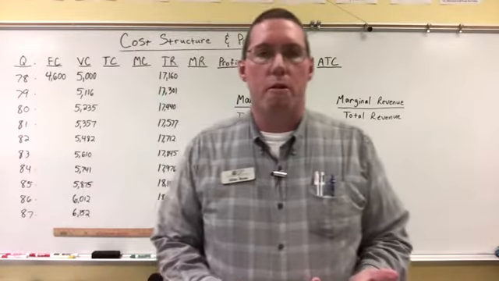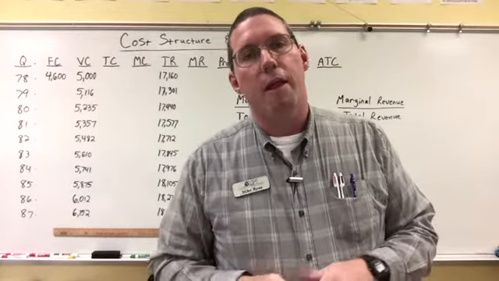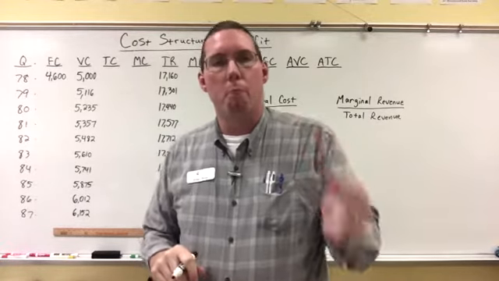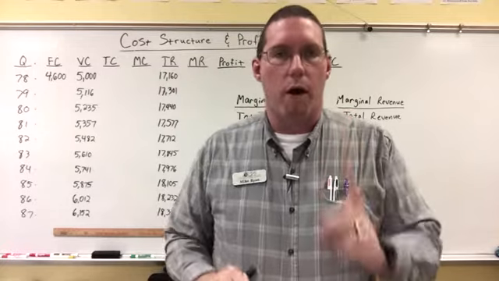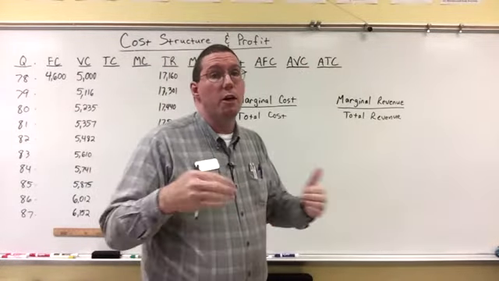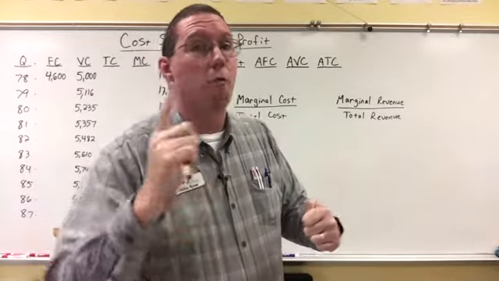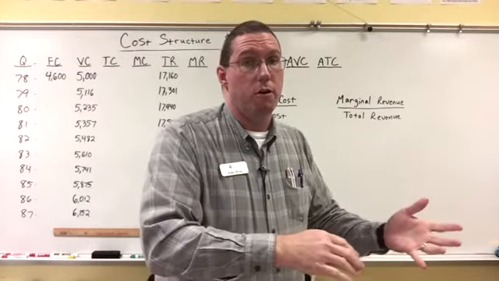Also, marginal cost and marginal revenue are very similar to marginal utility. If you recall, marginal utility is the little bit more utility that you get when you consume one more item. So the word marginal basically means the little bit more when you have one more. So when you have one more, how much more of this other thing do you have?